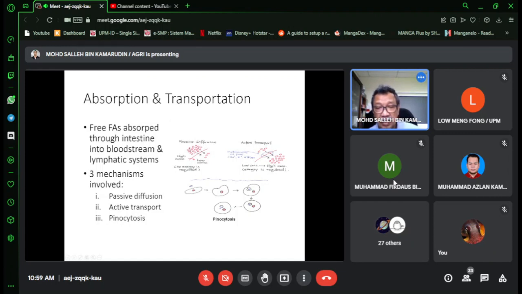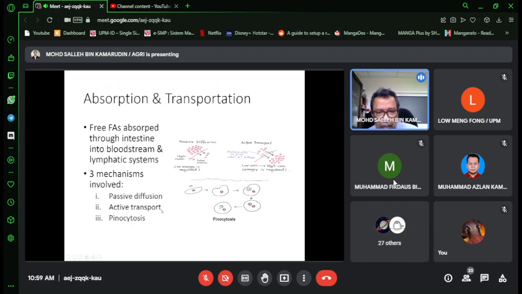This is simple. The fatty acid just cross from the high concentration to the low concentration, into the bloodstream directly. So in this diffusion, tak banyak energy yang diperlukan. No energy required for this absorption.